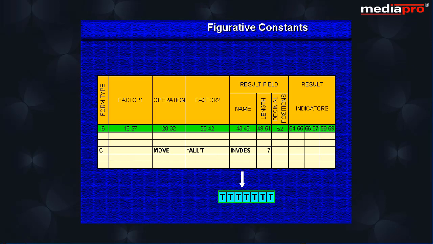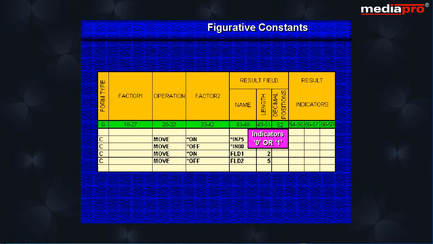The string is cyclically repeated to fill the total length of the result field. The constants *ON and *OFF represent 1 and 0 respectively. They are used to set on or off the RPG indicators or to move either ones or zeros to a character field.